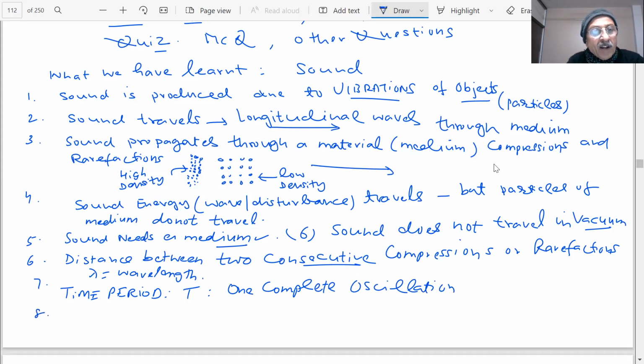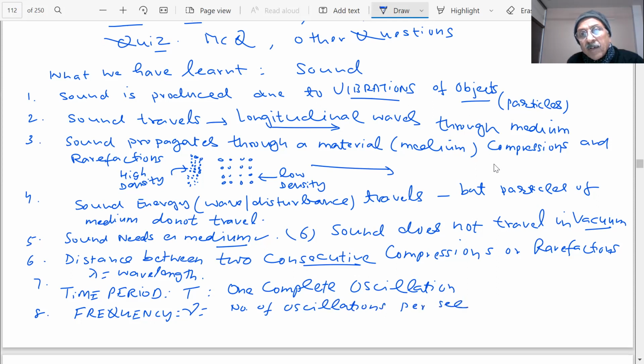And we discussed the frequency. What is frequency? The number of oscillations per second, in one unit of time. Therefore, nu is equal to 1 by T.